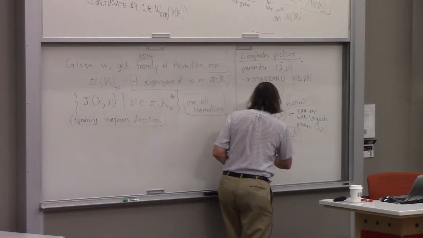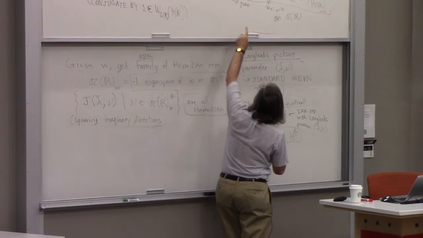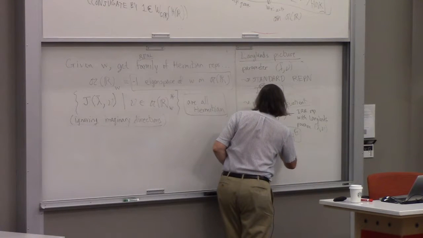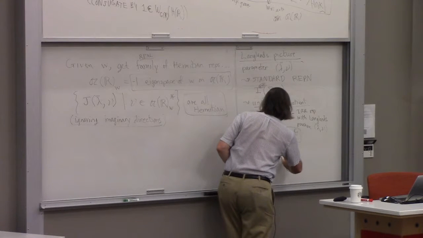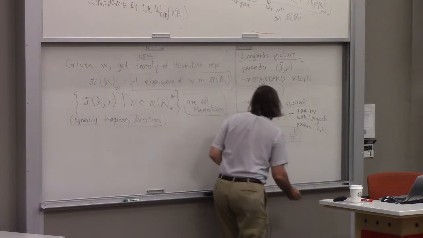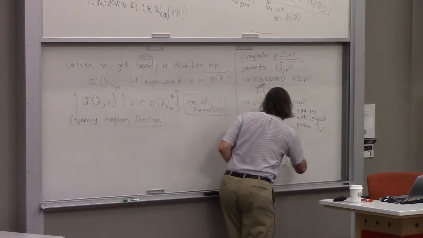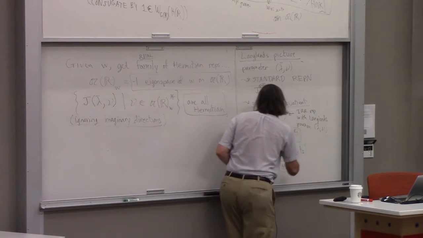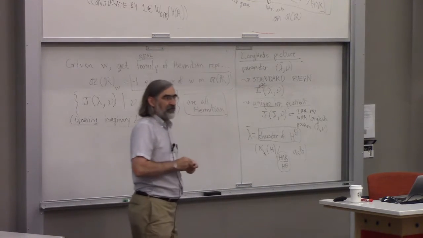And so this normalizer in K of H, divided by H intersection K, well, this is H over theta. It acts on those characters.